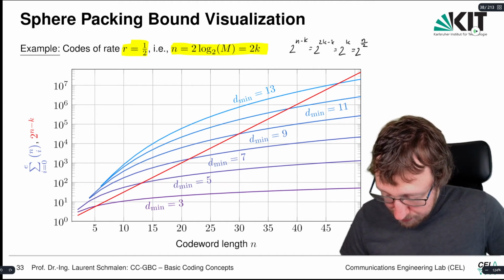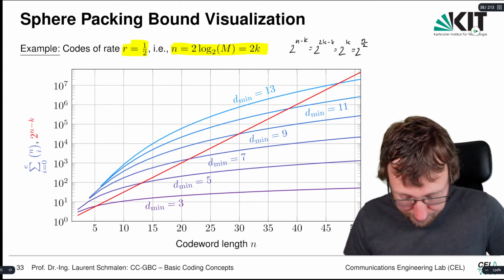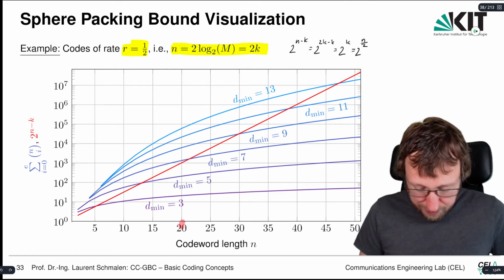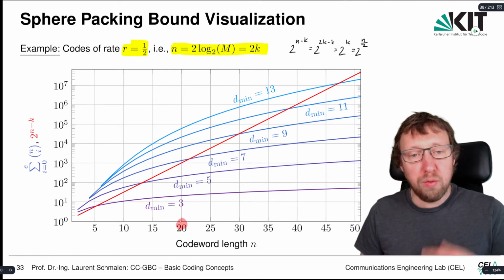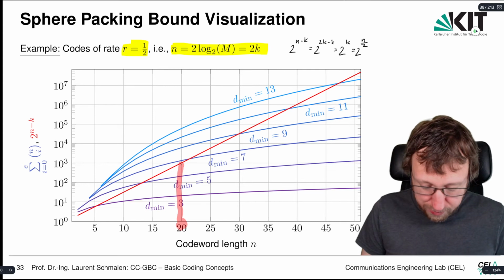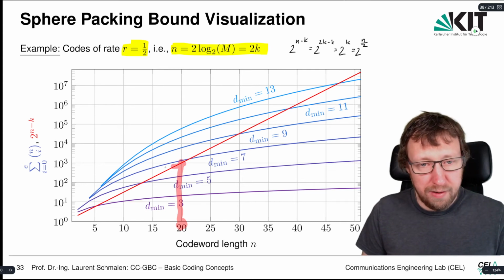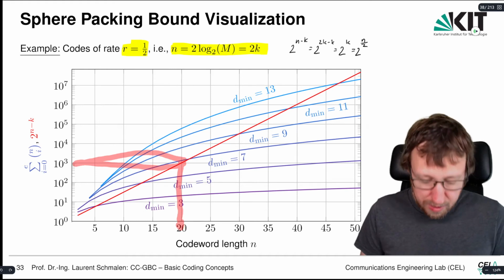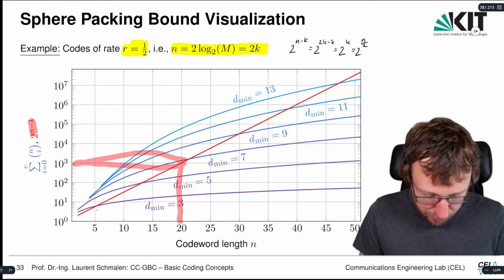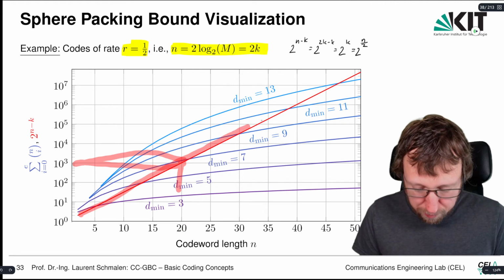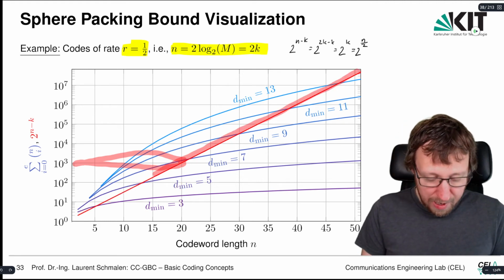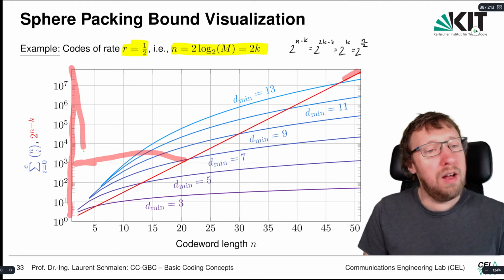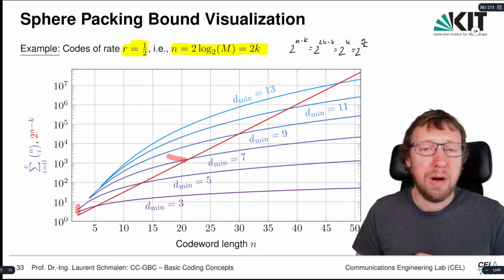So for instance, if n is equal to 20, this would be equal to 2 to the power 10, so 1024. So we are here at 10 to the power 3, so 1024. This is the red curve. The red curve defines 2 to the power n minus k. And notice that we have a logarithmic scale on the y-axis.